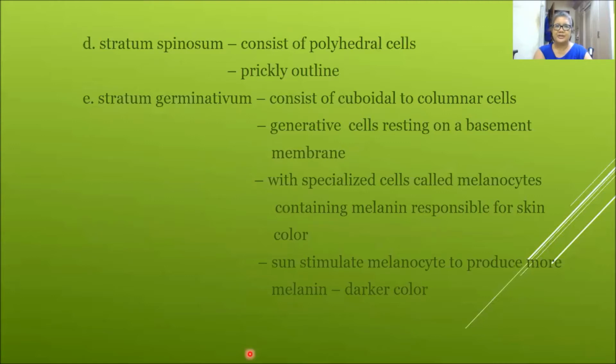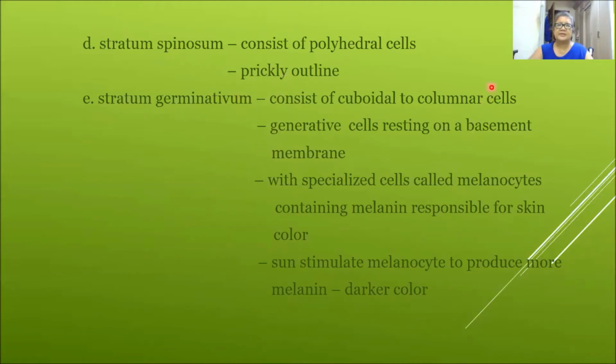Then you have your stratum spinosum, which consists of polyhedral cells, and because of their polyhedral shape, they will give the layer a prickly outline. Then the next layer is your stratum germinativum.